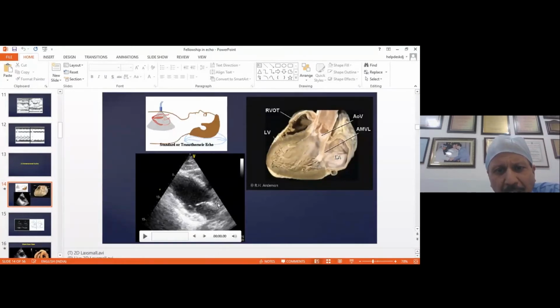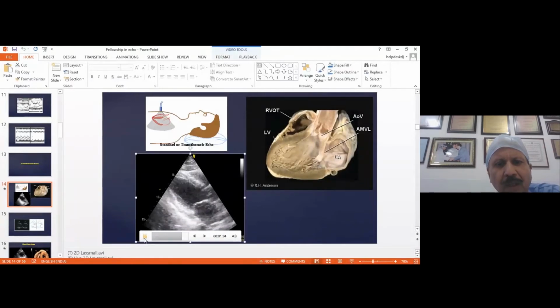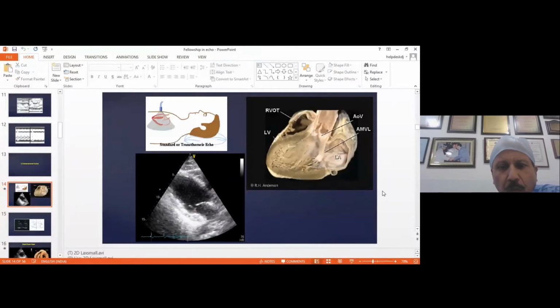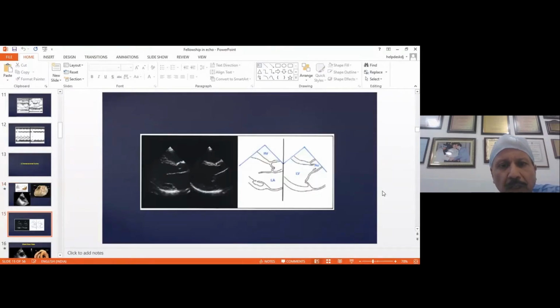And if you look at it, this is exactly what you can see in an echo, and you can see the moving picture. So this was a revolution that happened. That from ECG, X-rays, and angiography, we also had something which could tell us what we should be thinking, what is the disease, and then go accordingly.